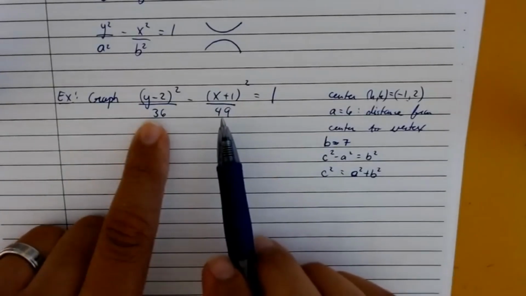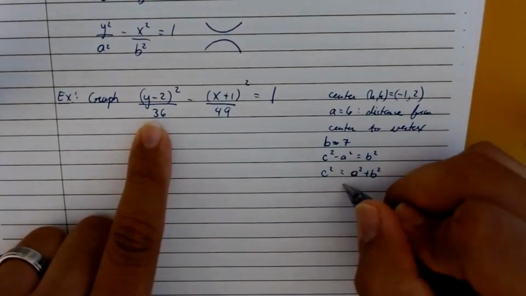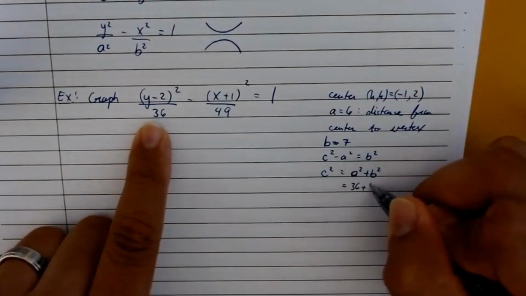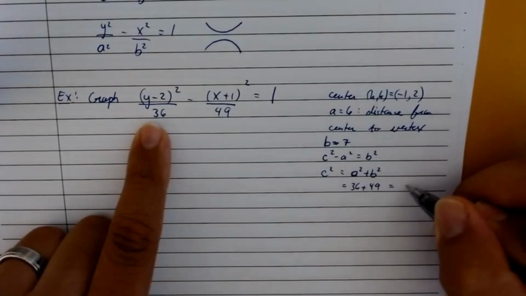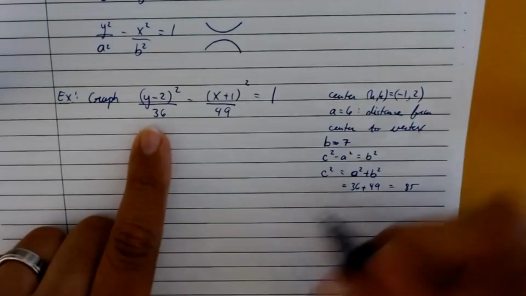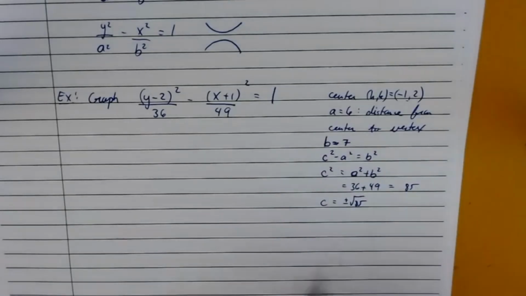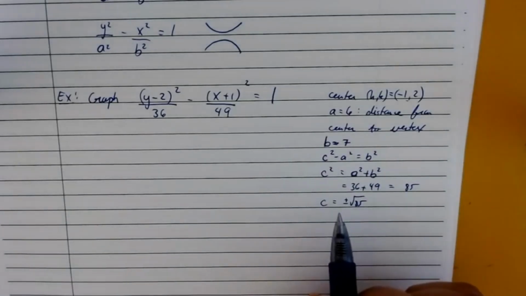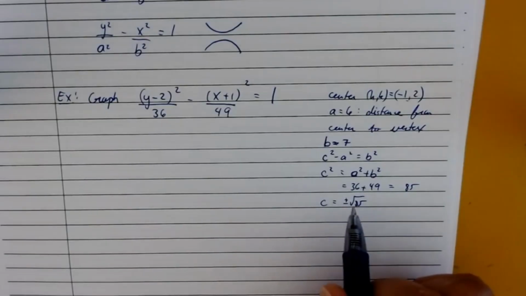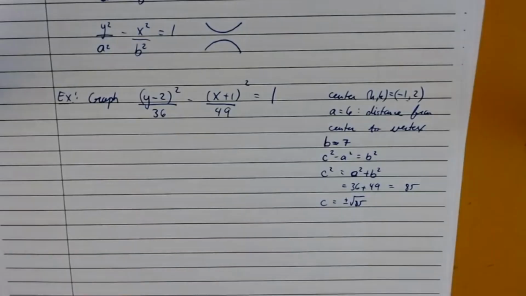That's 36 and 49, which is what, 85? So c squared must equal 85, or in other words, c is equal to plus or minus the square root of 85. So from the center, you can get to a focus by going in either direction, plus or minus. You can go square root of 85 units in either direction. All right, so let's go ahead and graph this now.